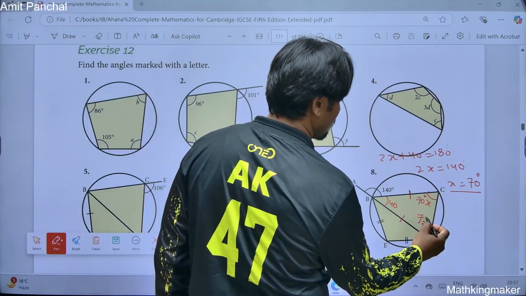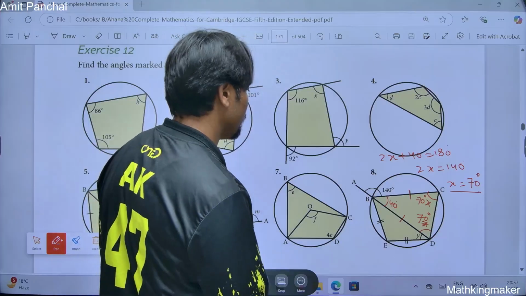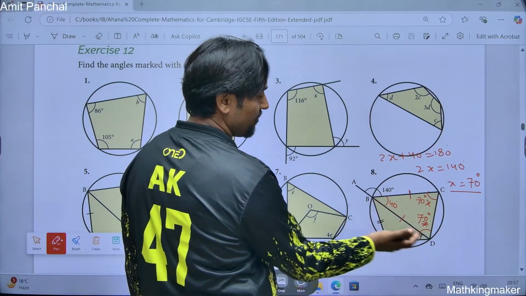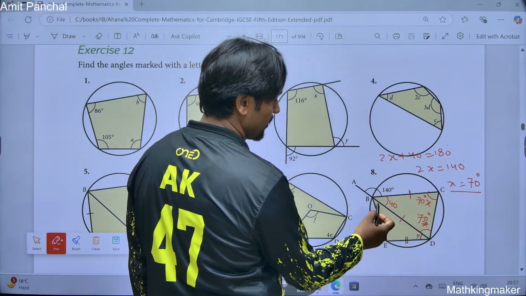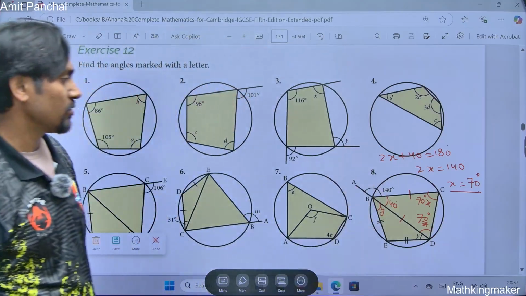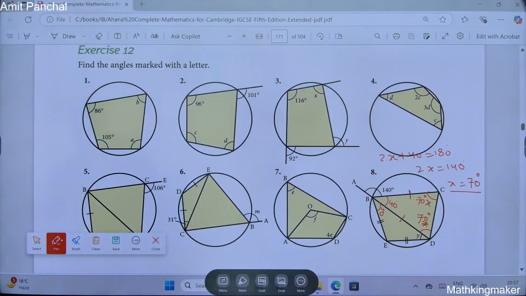And in similar fashion, this is an isosceles triangle, so that will also be y. It is 35.